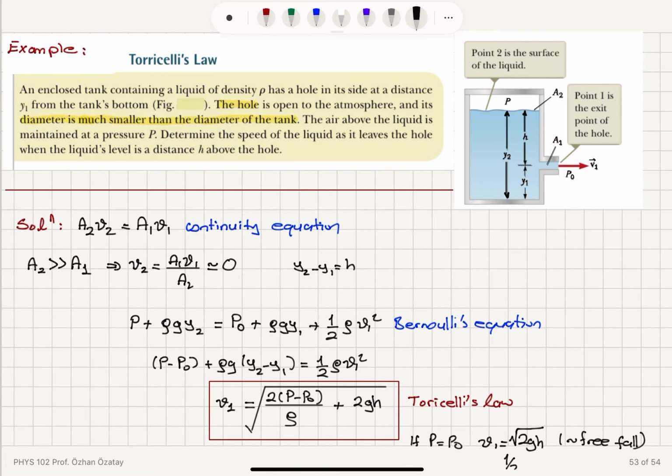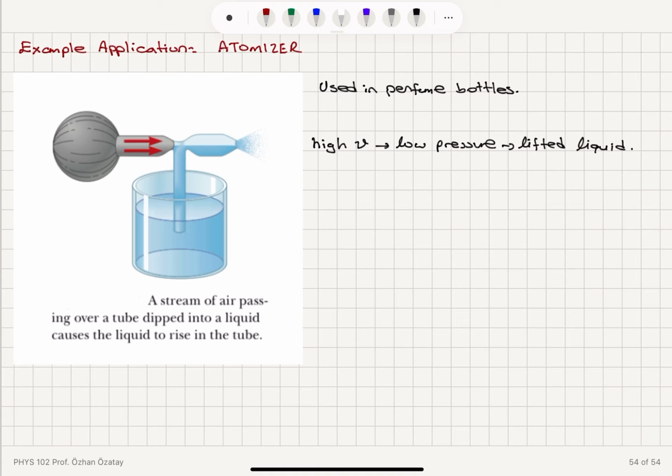I have 1/2 mv squared is equal to mgh. So the kinetic energy turns into potential energy turns into kinetic energy. So that's basically free fall, where I have no contribution from pressure.